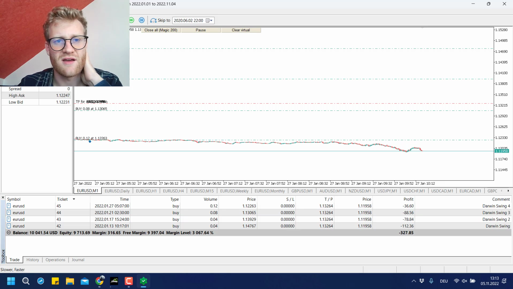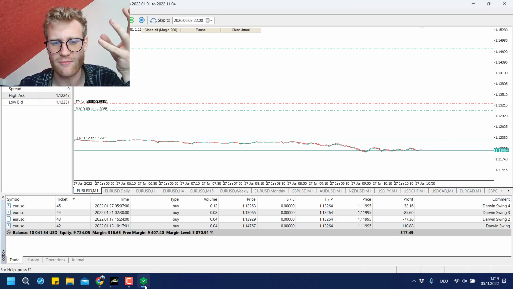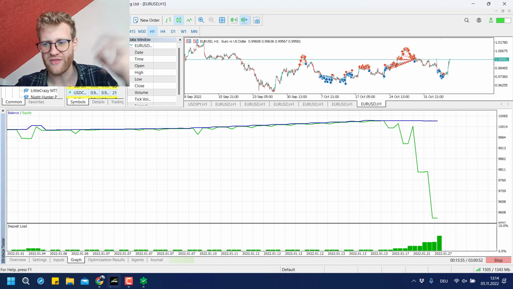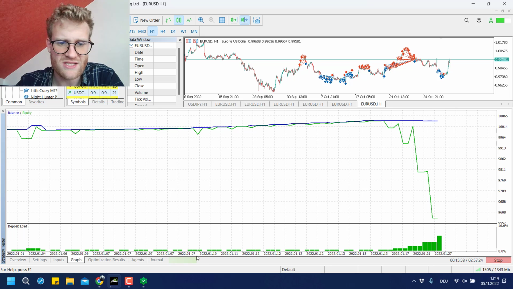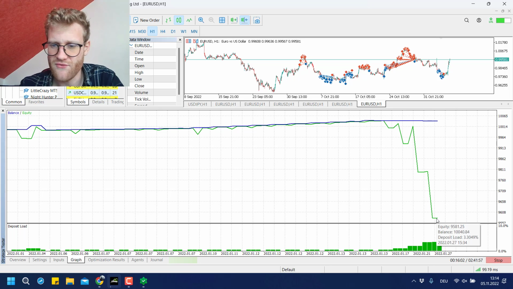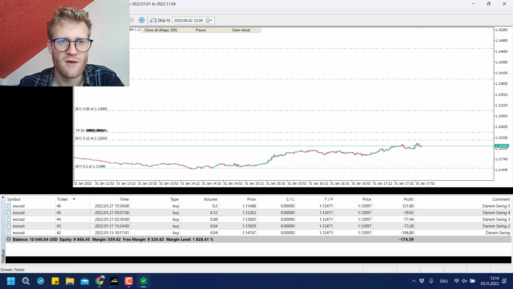So this is a mechanism that you can always use. It will pretty much guarantee a rising balance curve, but you are risking the one event or the one big drawdown that will make your account lose completely. And you can see we're already 500 euros in a drawdown here.